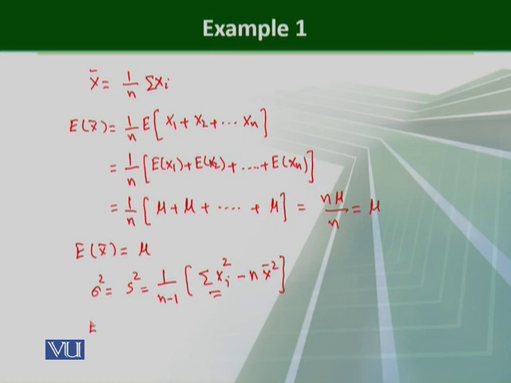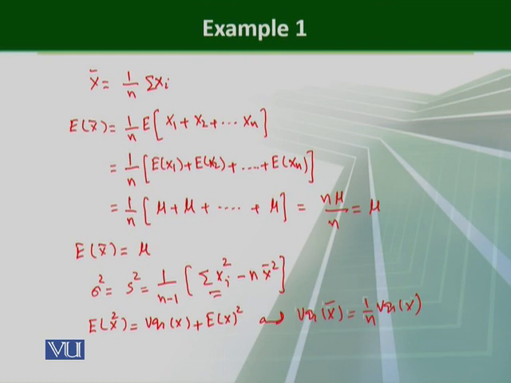We know the well-defined result that the expected value of x square is equal to variance of x plus expected value of x whole square. And also we know that variance of x bar is basically equal to 1 over n variance of x.